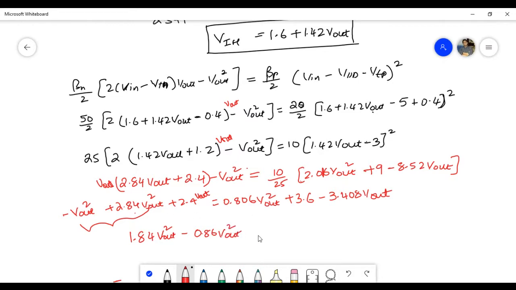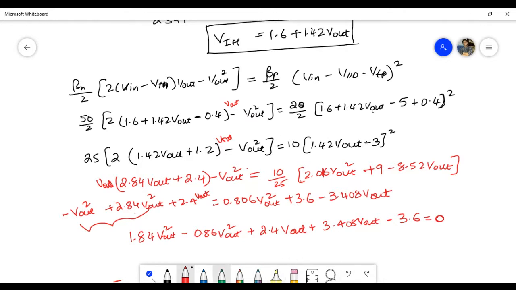This is the first term. The next term is plus 2.4 V out minus 3.08 V out. Sorry, minus 3.6. This is equal to 3.408. It should be plus because we move it to the other side. Yes, sorry, it is plus.